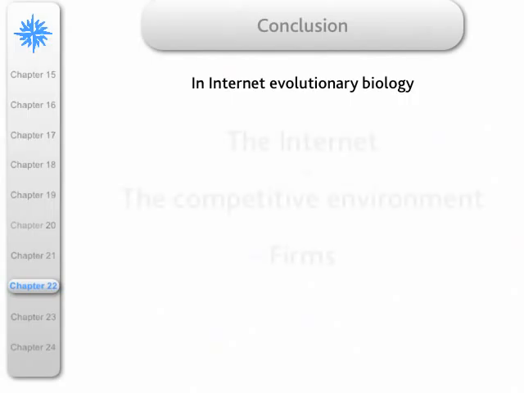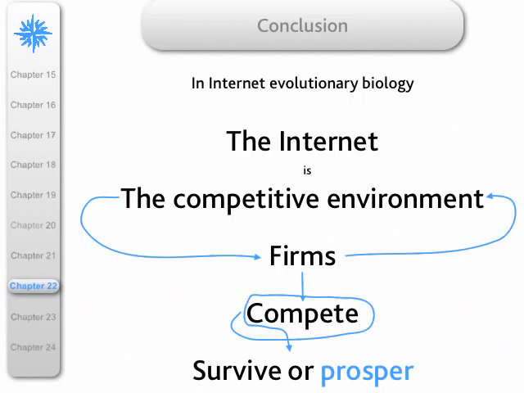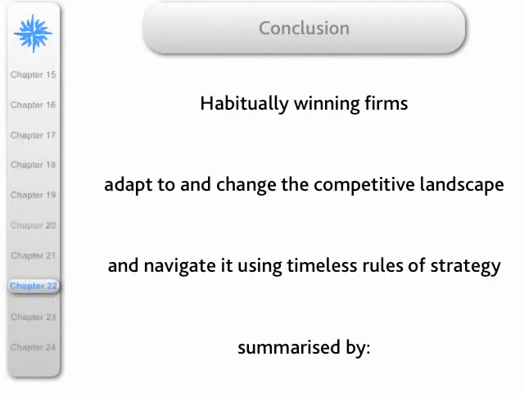In terms of the internet, we could argue that in internet evolutionary biology, the internet is the competitive environment in which firms exist and compete with one another, and those which do it most successfully will survive or indeed prosper.